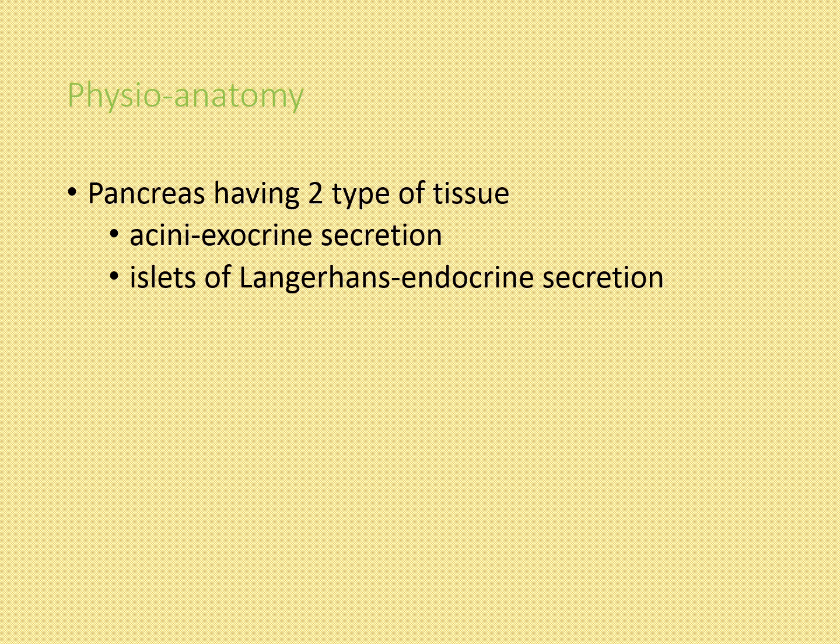Approximately there are 1 to 2 million islet cells present in the pancreas. We can divide the pancreas into head, body and tail part. Now these islet cells are more in the tail part rather than head and body part.